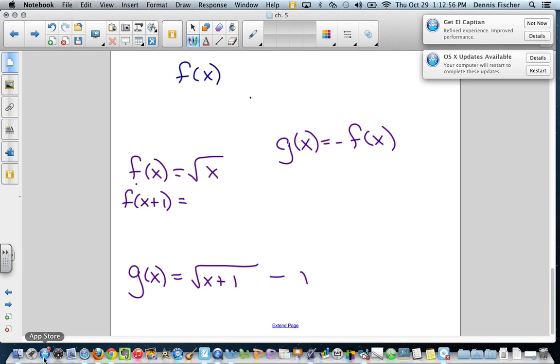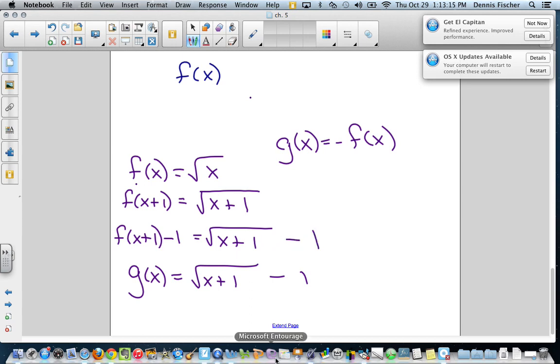Wherever there was an x here, I put x plus 1. Wherever I put an x here, I'm going to put an x plus 1. That makes sense. What I do to one side, I do to the other. Does that make sense?